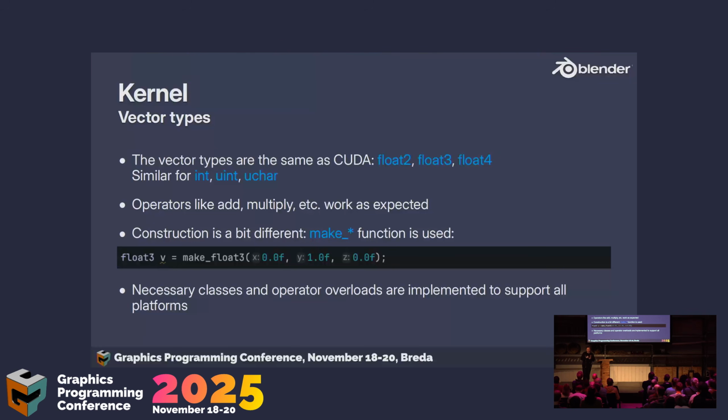A bit of a difference, which by now is a bit of legacy from our OpenCL days: to create the vectors, there is a dedicated function, make_float2, for example. And to further make things more consistent, there are a lot of operators implemented, especially on the CPU.